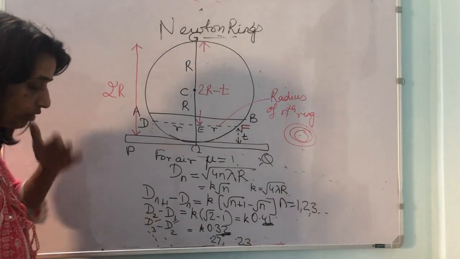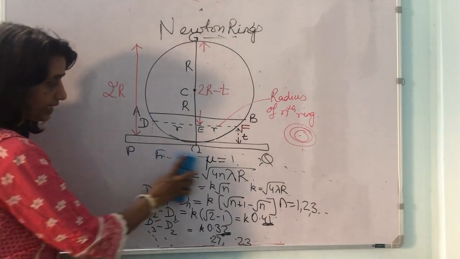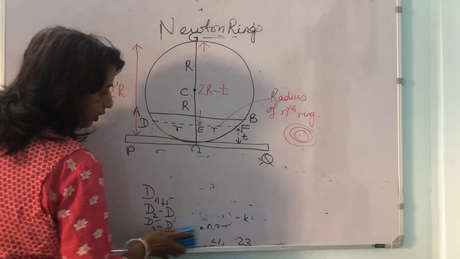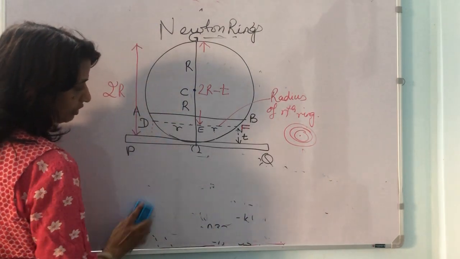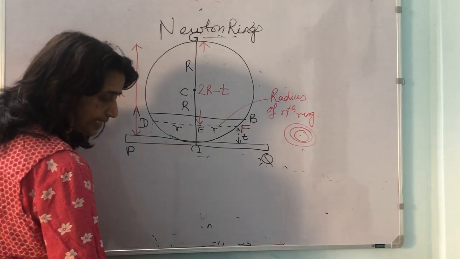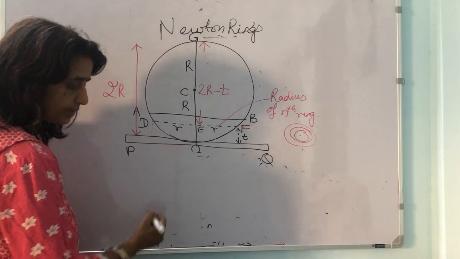Now, how will you find the wavelength of the sodium light for this experiment? Now you know the maxima and minima. You have to find an expression for the wavelength of the light. So let dn and d(n+p) be the diameters of specific rings.